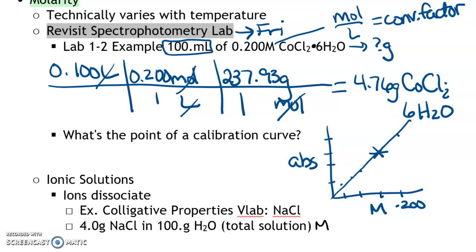And the way that you're going to be able to determine its molarity in this case is by reading the absorbance and finding what absorbance that correlates to on your line of best fit. So that's going to be the goal of using your calibration curve. It gives you a standard curve of concentration versus absorbance that you can use to compare an unknown sample against.